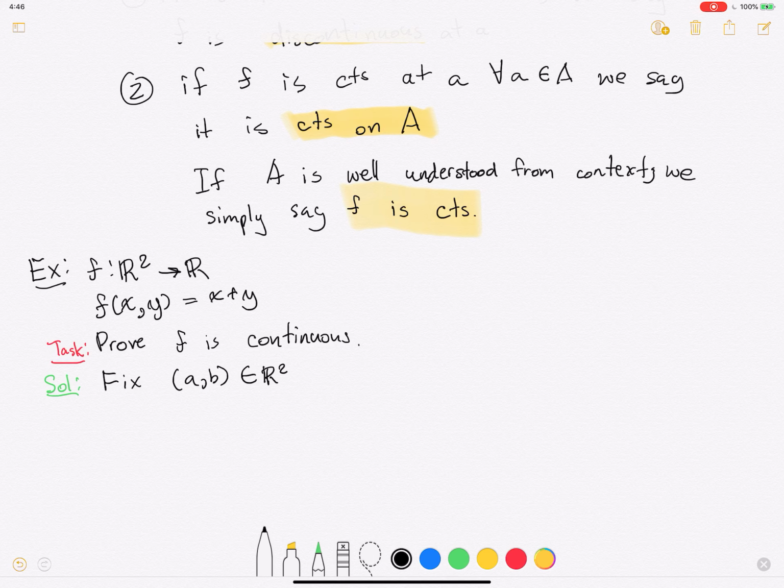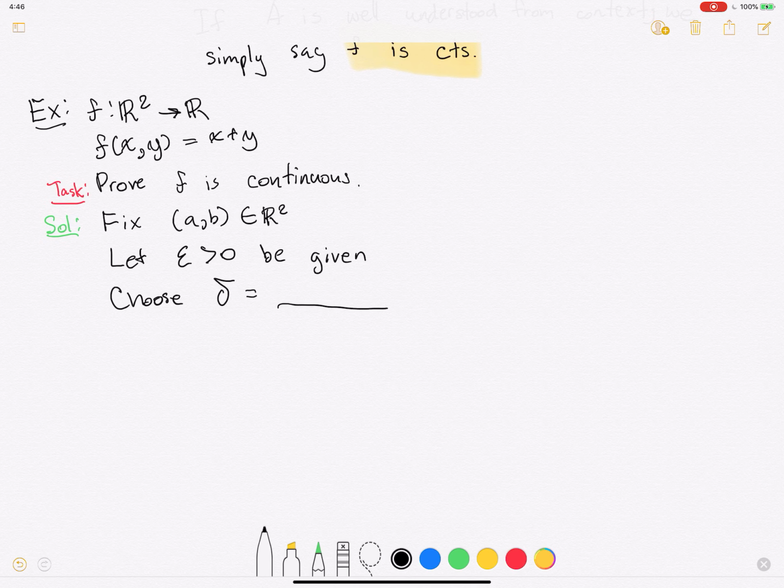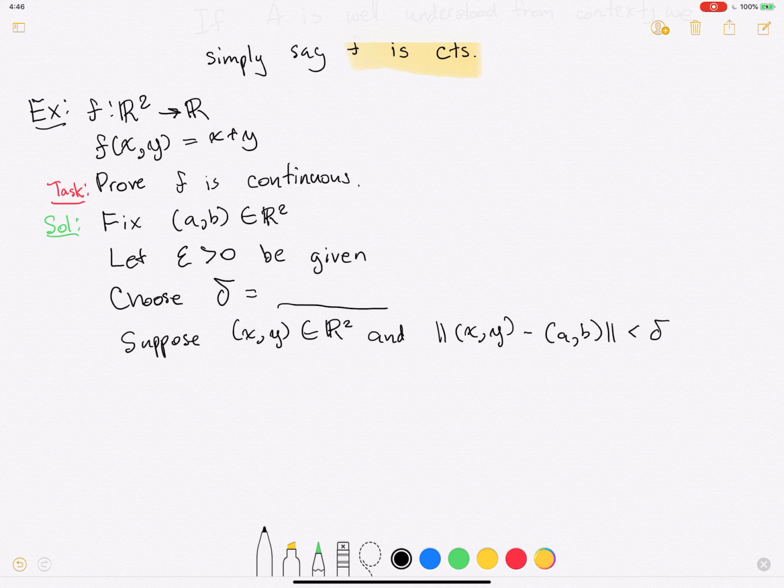There's a solution. Let epsilon greater than 0 be given, and choose a delta equals, who knows, we'll figure it out afterwards. Now suppose (x,y) is in R^2, and this holds. So now we have to show that the distance between f(x,y) and f(a,b) is less than epsilon. Let's just rewrite that to be a bit more explicit in what we mean: the square root of (x minus a) squared plus (y minus b) squared is less than delta.